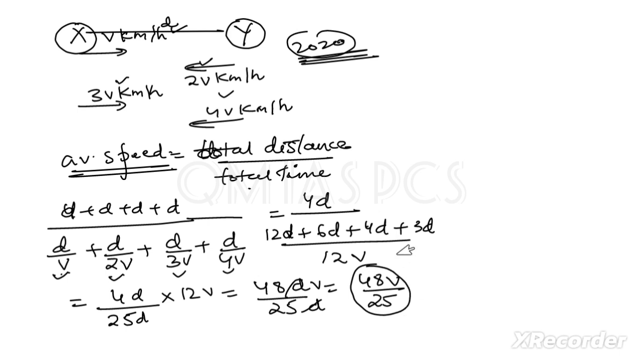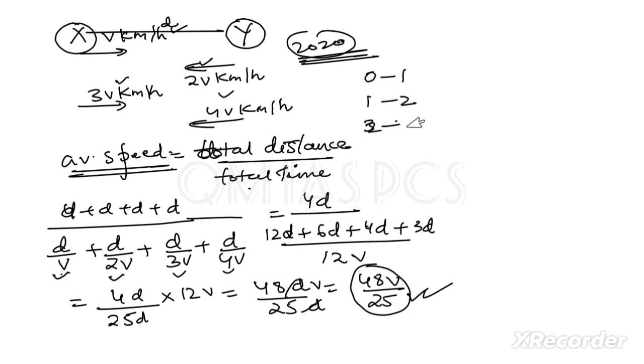Now the option is not this one. I have not given the options. The options are like: the answer is less than v kilometer per hour, lies between v and 2v, between 2v and 3v, and between 3v and 4v. Now this concept is about fractions. Now it's your task. Tell me the value of 48 by 25 is what? Is it between 0 and 1, 1 and 2, 2 and 3, or 3 and 4?